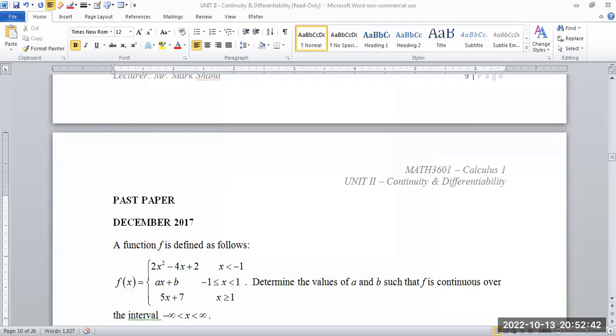Go ahead, Arthur. Based on the question here, the person who answered started with the 5x plus 7. Is it always that case? In terms of what? Is this always 12?